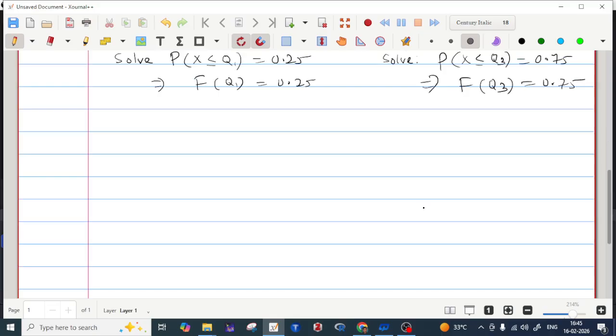Let's take one example. Let f of x equals 1 upon 2, for 0 less than x less than 2.